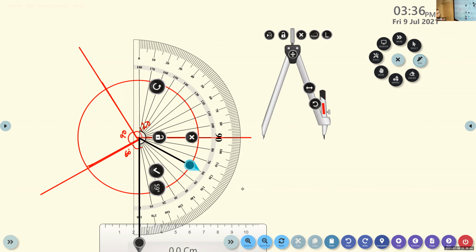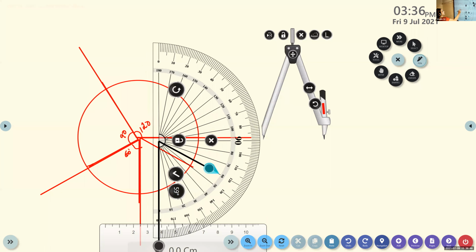Then last will be 30. You can check whether you are getting the 30 at last. Okay.